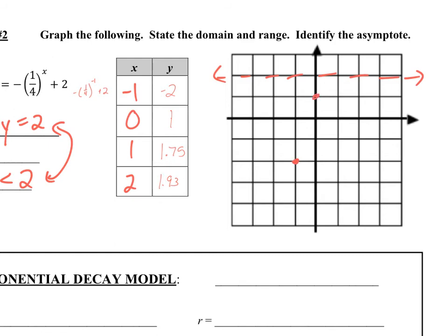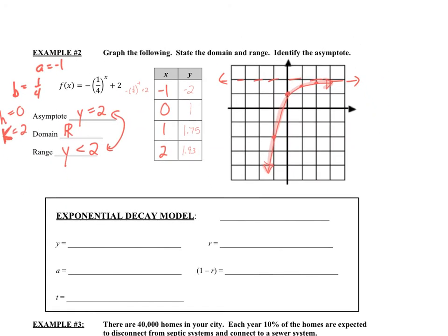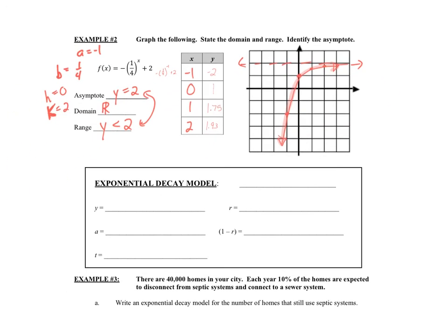Then (0, 1), (1, 1.75), and (2, 1.93). So this graph is going to go up really fast and then curve. Actually, I'm going to do this in a highlighter. Make it bigger. So there it is. So that's neither growth nor decay.